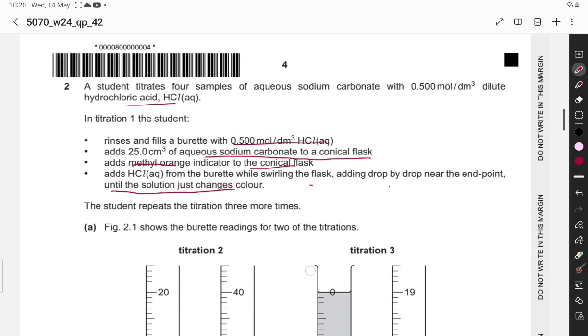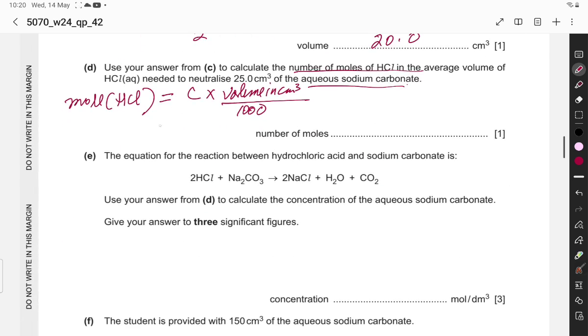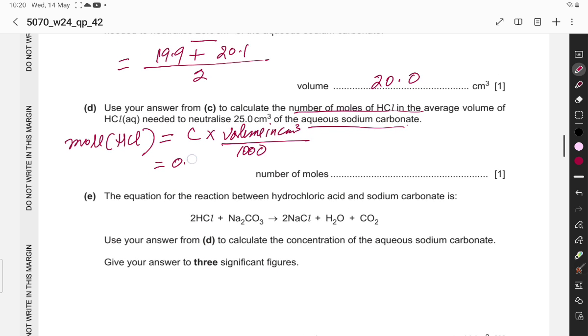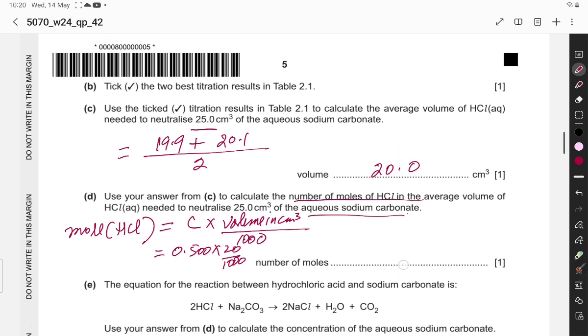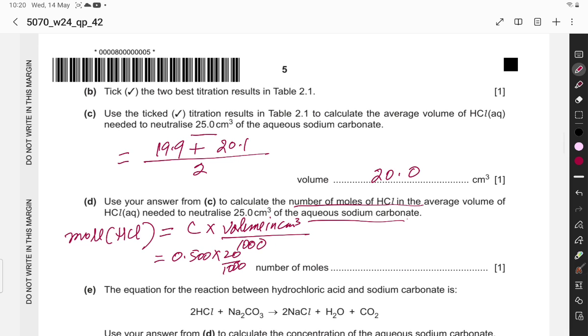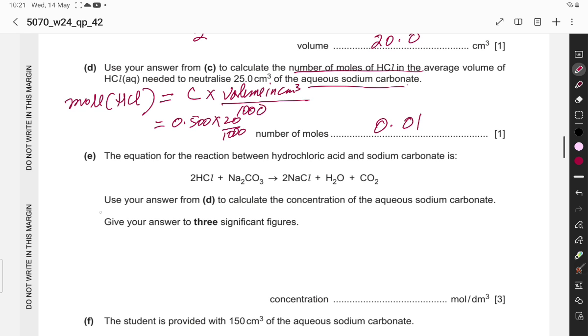The concentration of HCl is 0.500, multiplied by 20 divided by 1000. 0.500 times 20 is equal to 10, divided by 1000. This is 0.01.